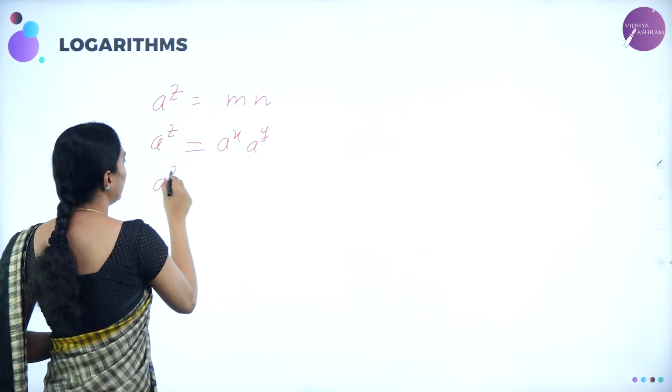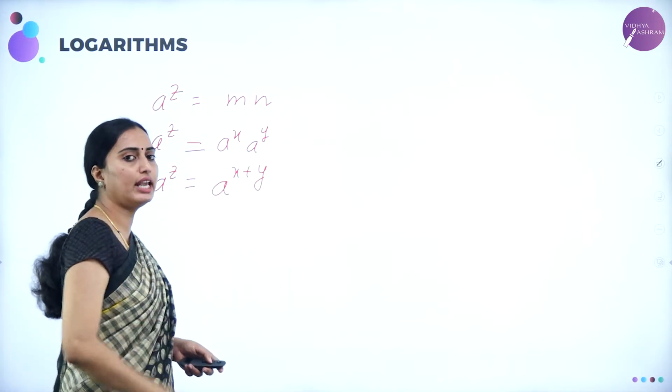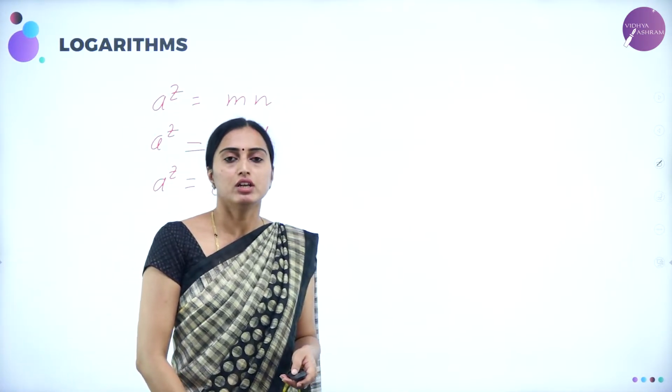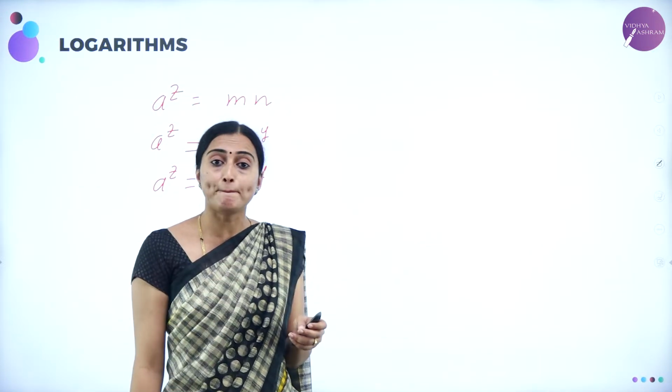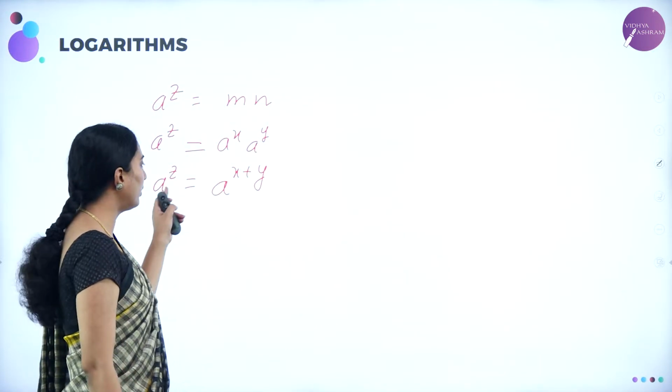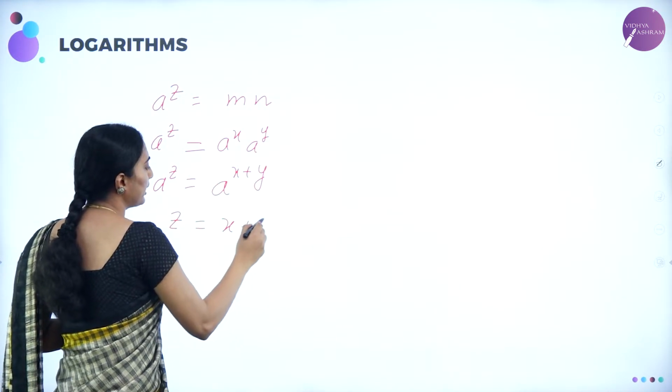Therefore, a power z is equal to a power x plus y. Again, if either side the bases are equal, we can equate the powers. Z will be equal to x plus y.